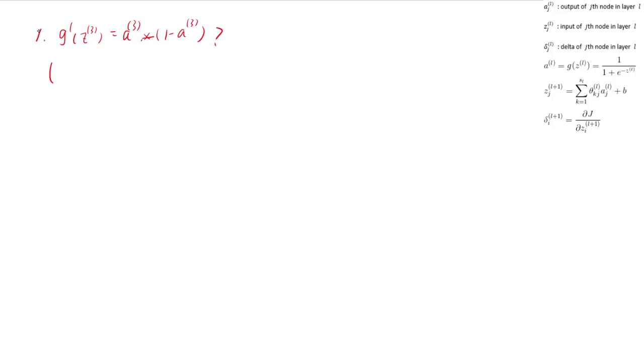To calculate the derivative, we have (u divided by v) derivative equals (u prime v minus u v prime) divided by v squared. So same in here.